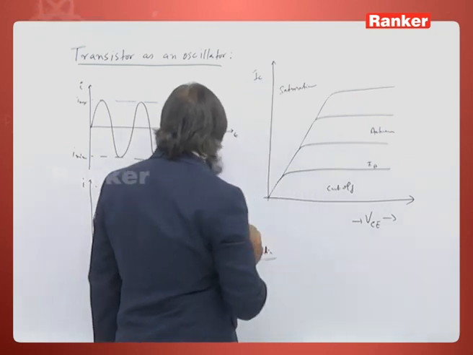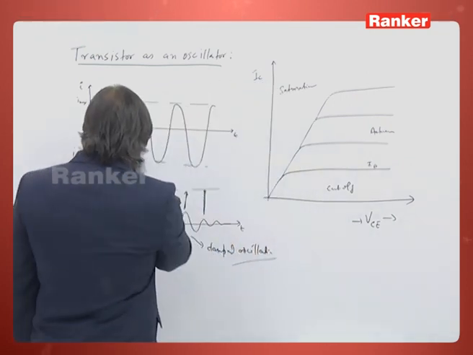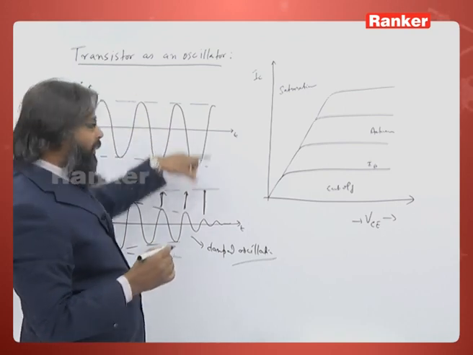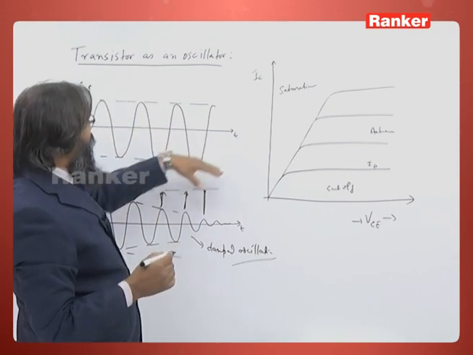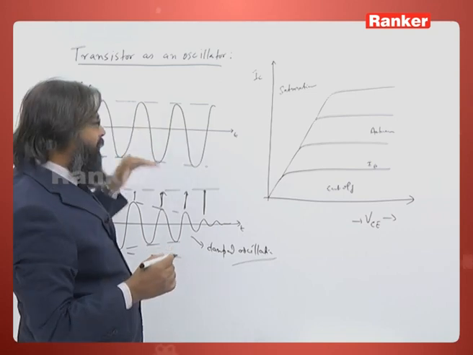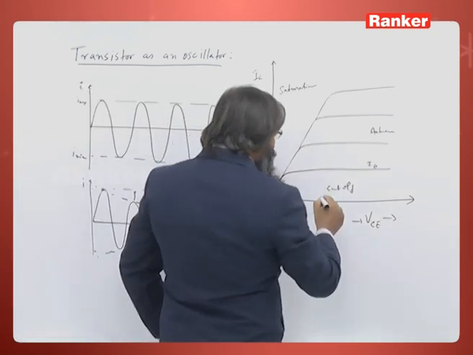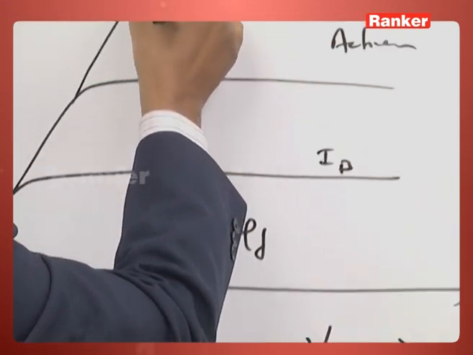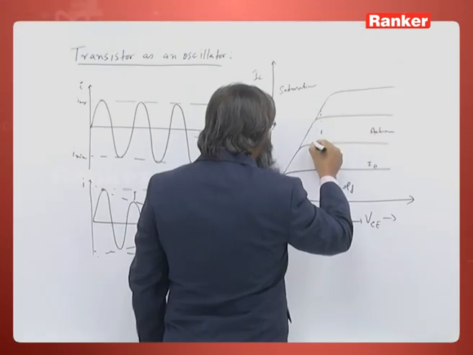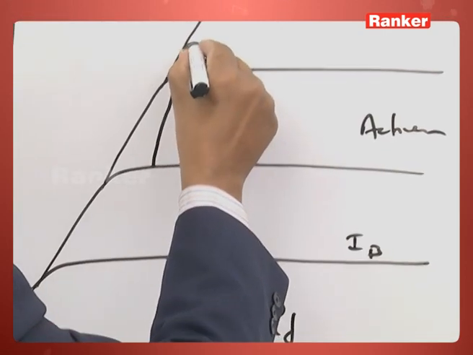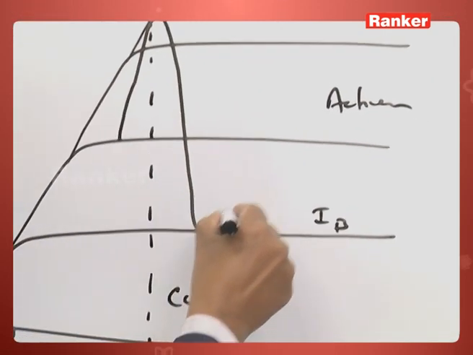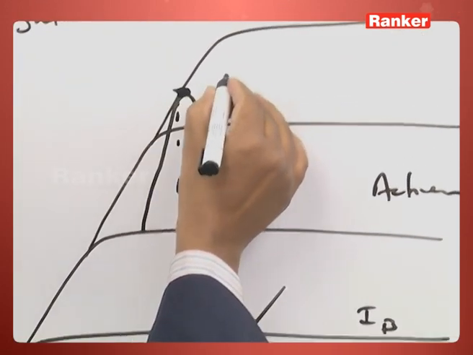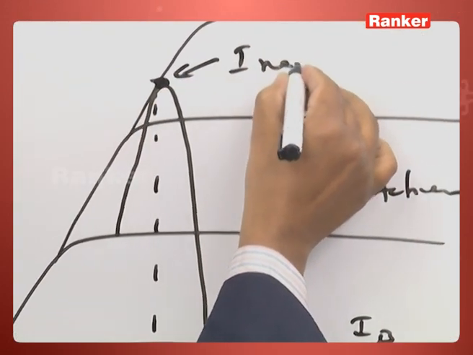Suppose here this minimum current is and this is the maximum, my current should oscillate along I max and I min. So, we select VC in such a way that the current varies like this.